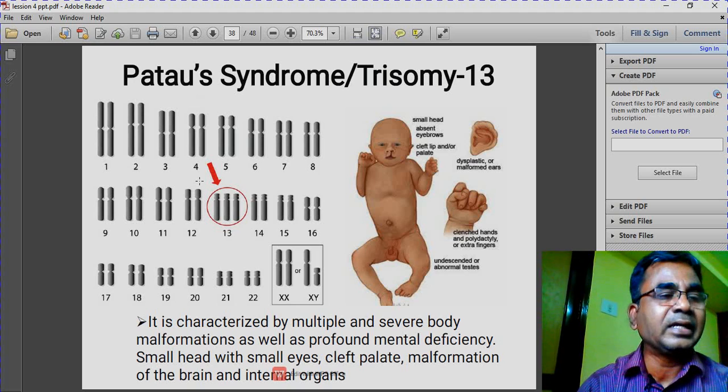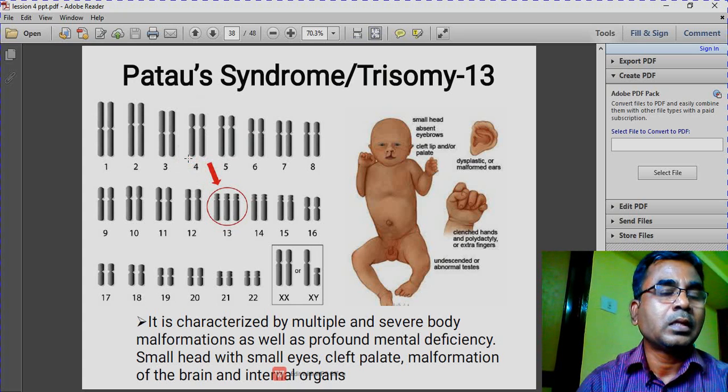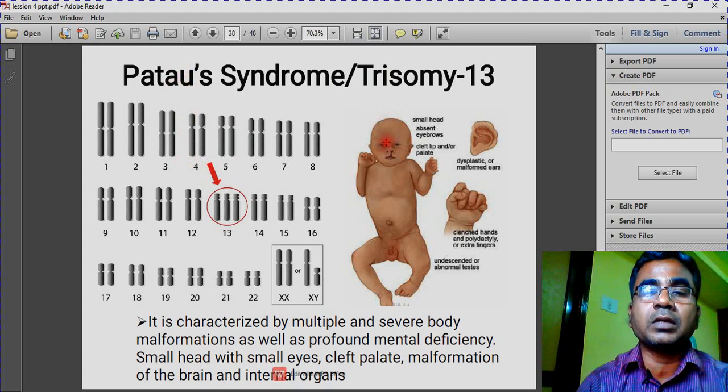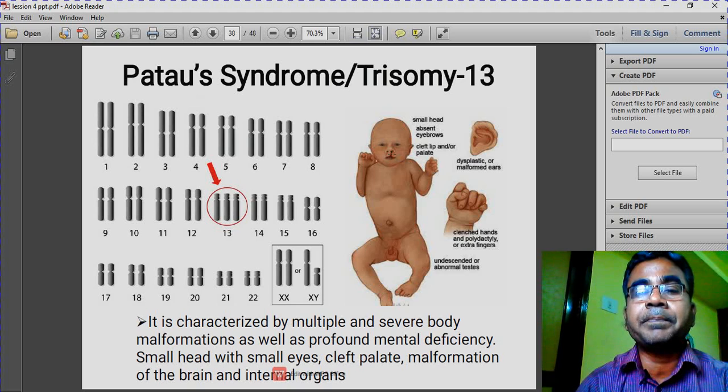Okay, what are the symptoms? The symptoms are mental deficiency, and the head will be very small, eyes also very small. Look at the eyes, very small, head is very small, and a cleft palate. This is cleft palate, in the upper lip there is a splitting.